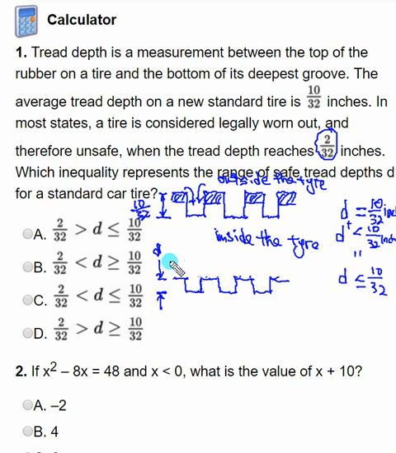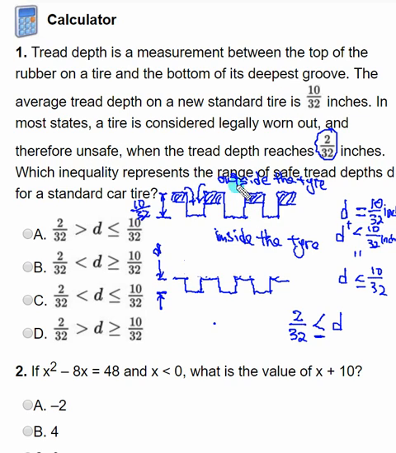So what is needed is that D must not reach this value. The D must be more than 2/32. If we reach this value and put an equal sign here, that means D is allowed to reach 2/32, but by then it will become unsafe.